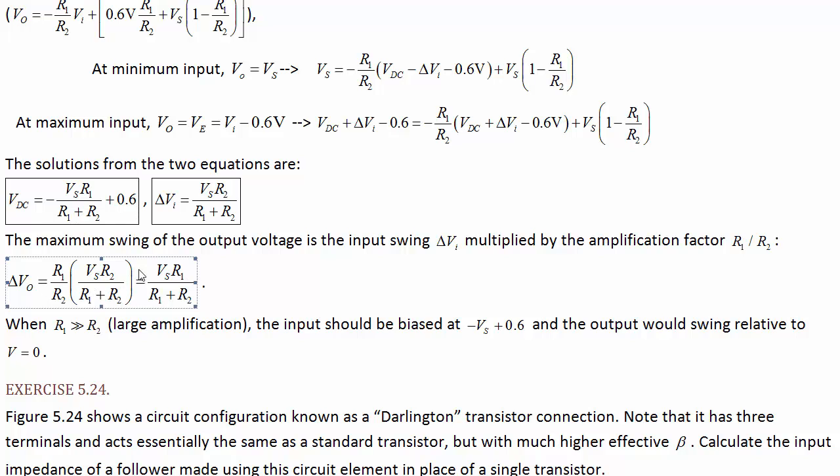And that means that the R2s will cancel and we'll end up with Vs R1 over R1 plus R2. So when R1 is much bigger than R2, which is the case for large amplification, then the input should be biased at where? Negative Vs plus 0.6 volts, and the output would swing relative to V equals 0.